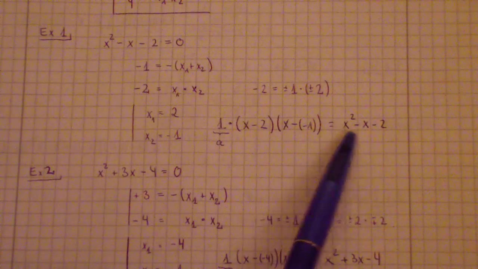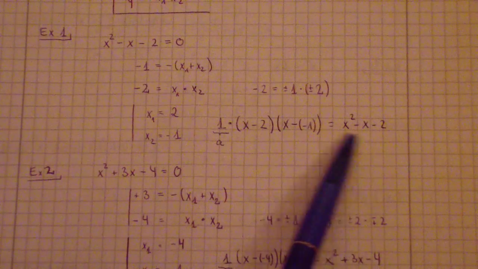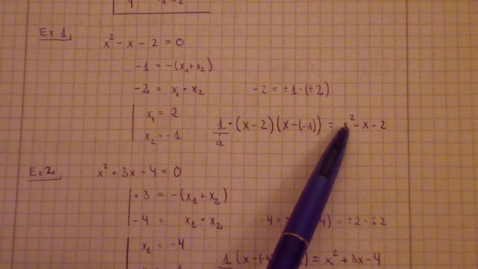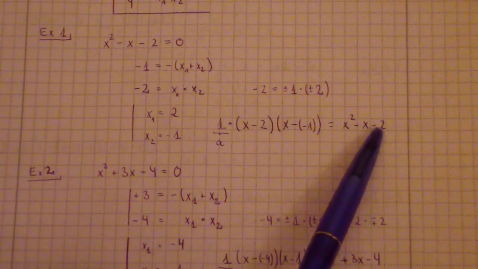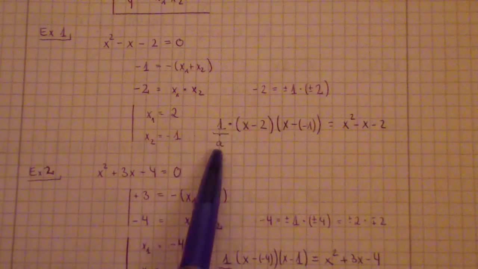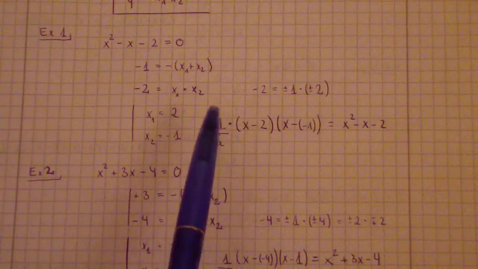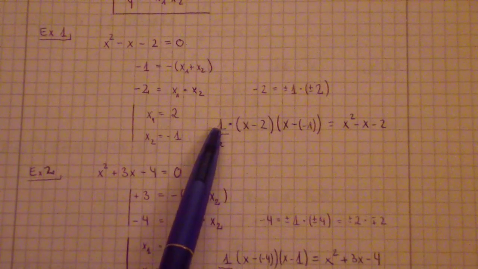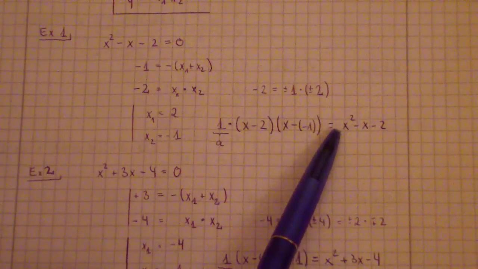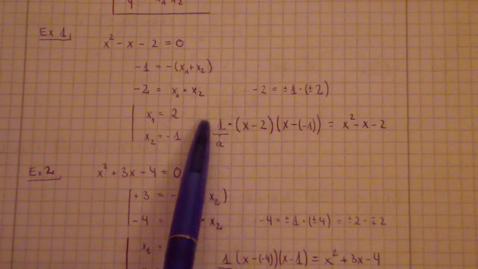We can rewrite the equation we started with, x squared minus x minus 2, as 1 times... I'm using this 1 all the time because you have to remember that if we had, for example, 2x squared here, then you would have something with 2.